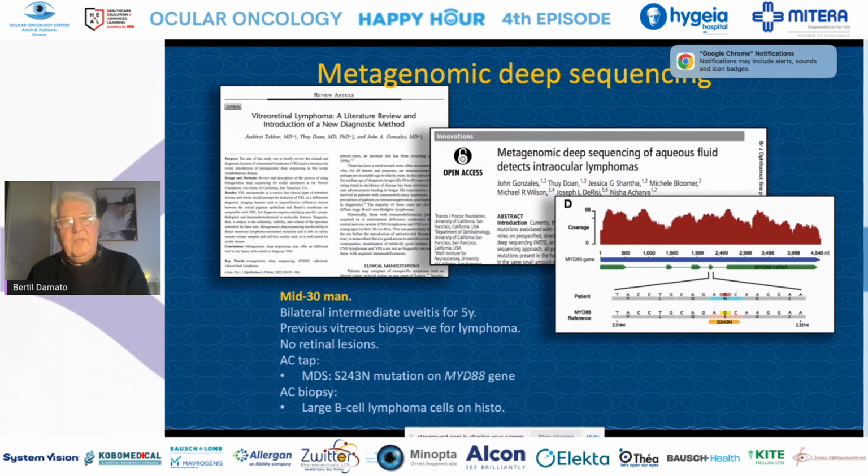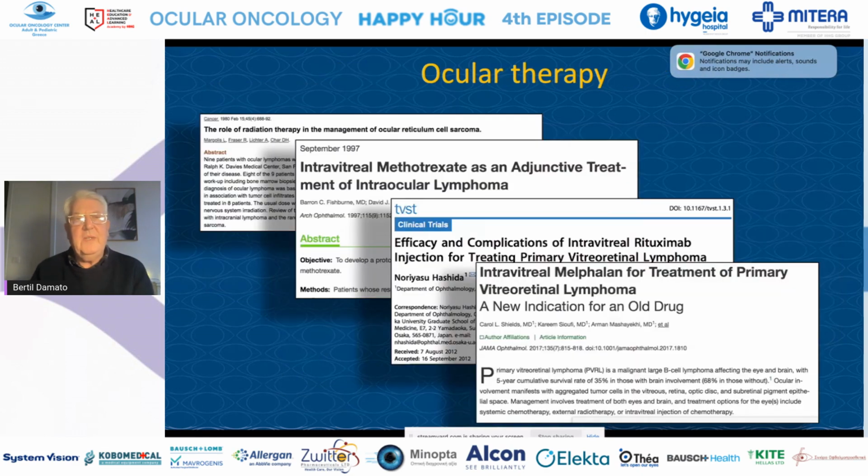And in San Francisco at UCSF, John Gonzalez, Taiduan and others in that team have developed metagenomic deep sequencing, which differentiates human from non-human DNA and can even identify the infectious organism, and is very useful for detecting lymphomatous abnormalities and diagnosis.